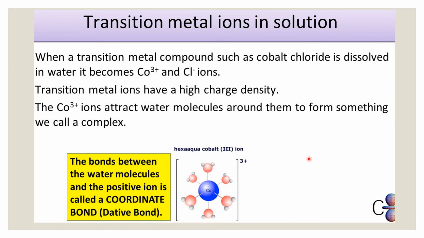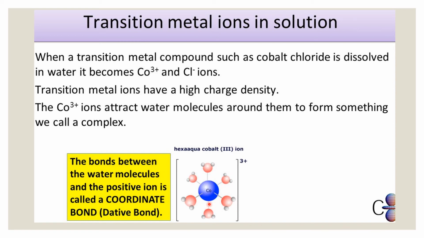So let us see the transition metal ions in solution. When a transition metal complex such as cobalt chloride is dissolved in water, it becomes Co3+ and Cl minus ions. Transition metal ions have a high charge density. So the Co3+ ions attract water molecules around them to form something we call a complex.